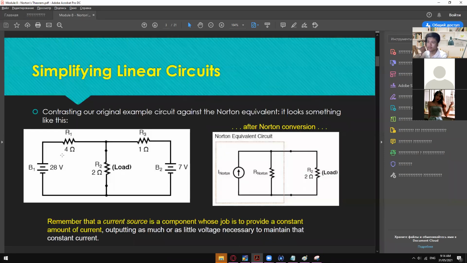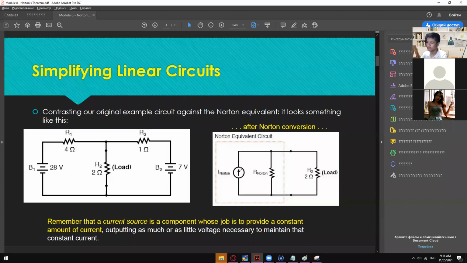All right. So we will use the same example, and then we have to verify whether the calculated value from the previous method is the same by using this method, the Norton's theorem. So before we had a series connection, but in here we now have a parallel connection.